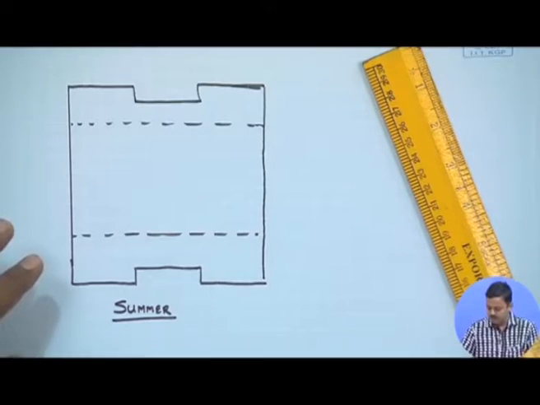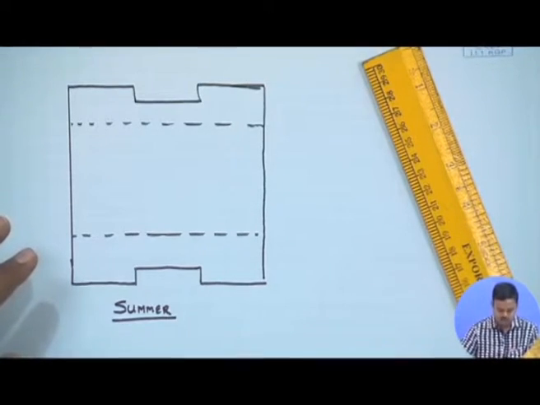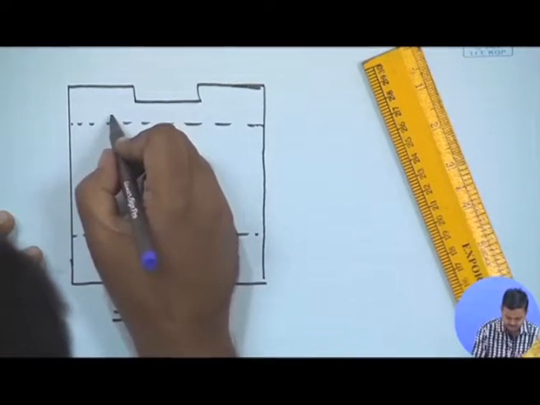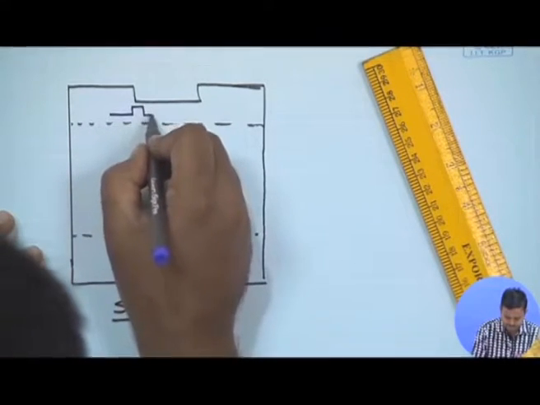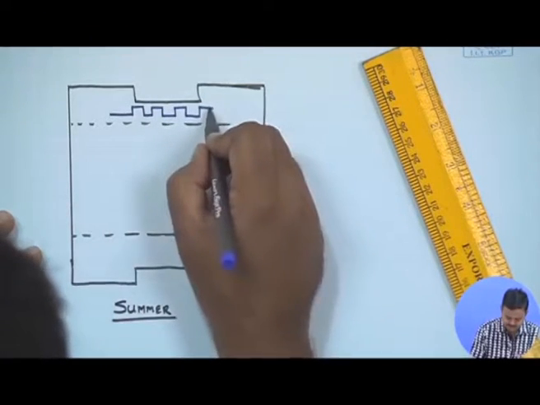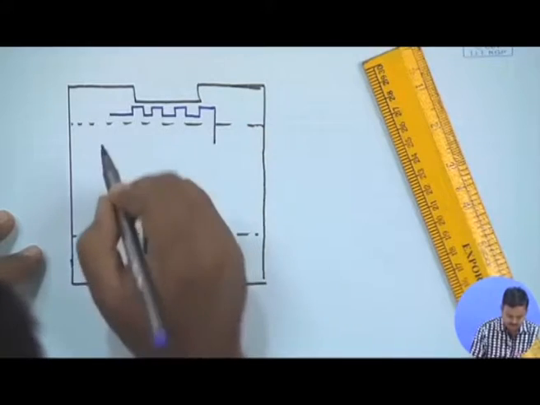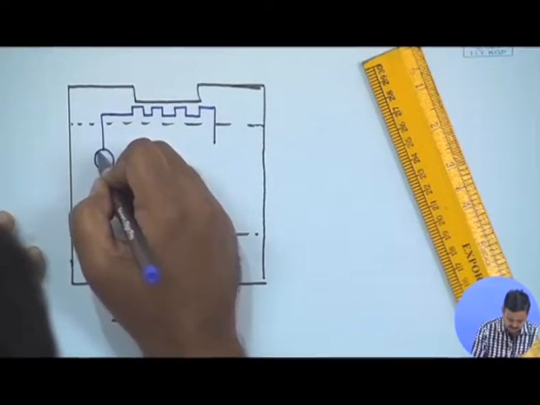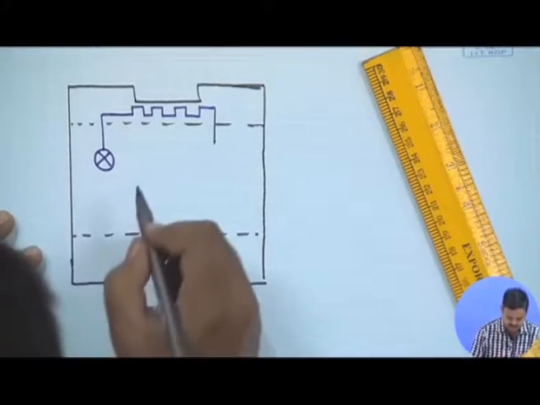So now let us draw the components of the heat pump first. This is a heat exchanger. This is an expansion valve. Let me denote it in this manner.